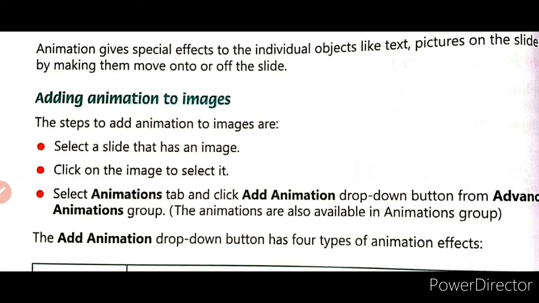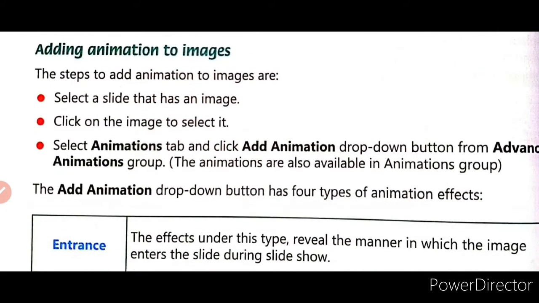The first step is to select a slide that has an image, because here we are going to add animation to images. Then click on the particular image in the slide.